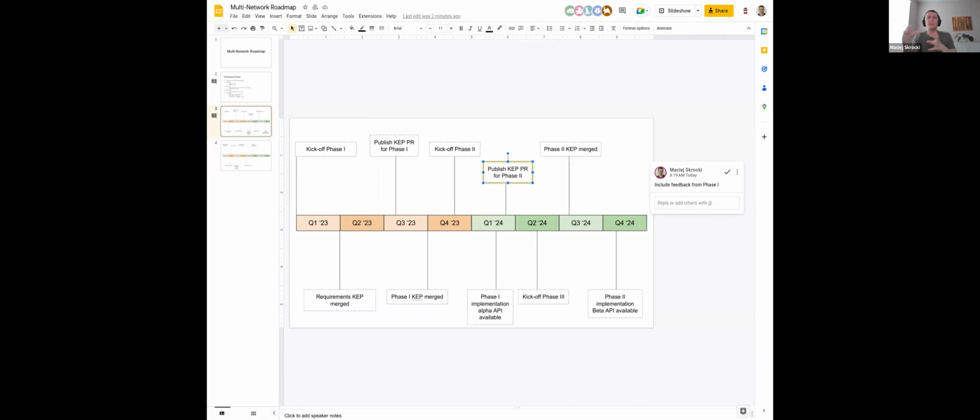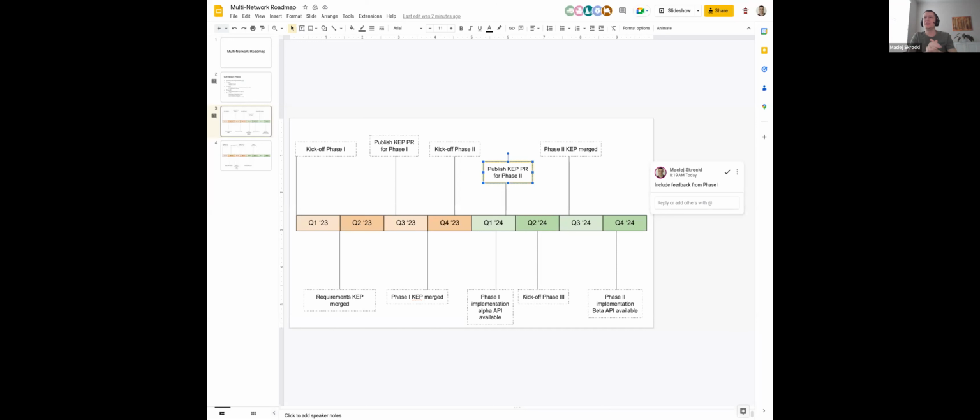So maybe this has to be better organized in terms of how it will fit into Kubernetes, because maybe we just have to iterate on the same KEP all the time. I'm not sure. That's something we have to think about, because every KEP has its own life cycle of alpha, beta, GA, whereas in my case I'm trying to spread it across multiple KEPs.